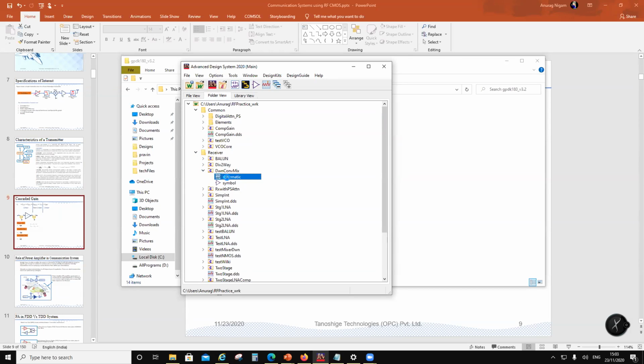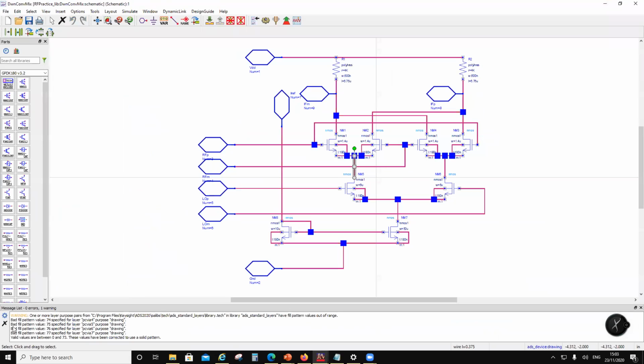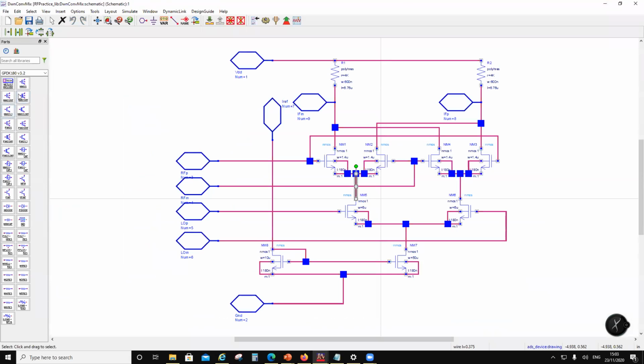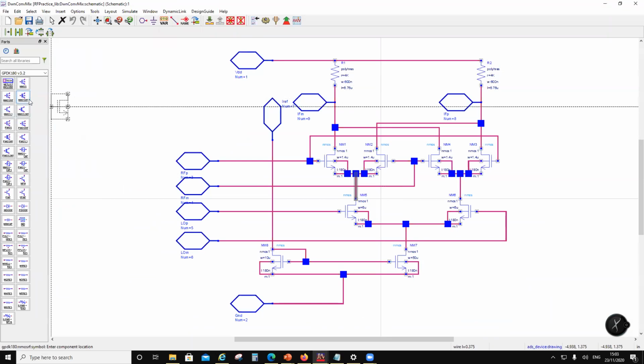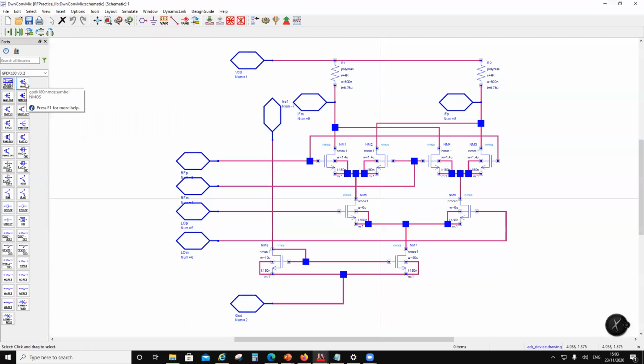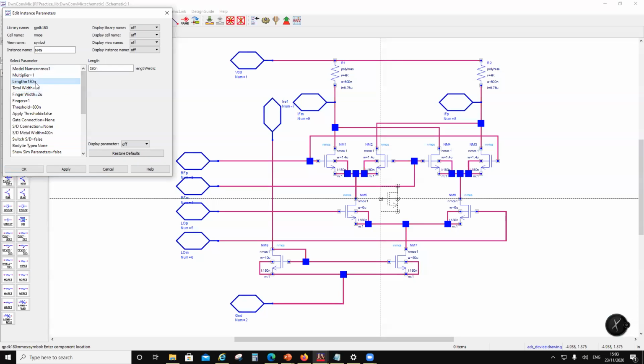Okay, so this GPDK is not so good. You see, there are lots of transistors here, NMOS RF and HV high voltage, NMOS 3, NMOS 3 HV, and all that. All I have modified is NMOS. If this NMOS, I have modified only this one.